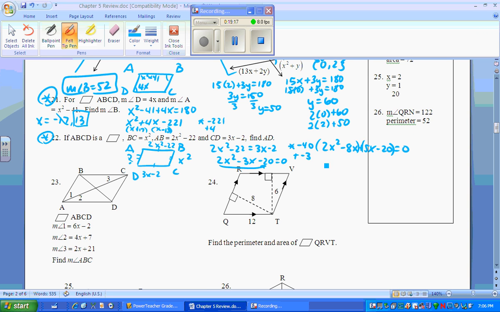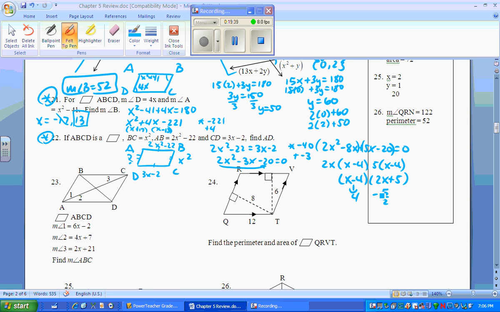So this first group, the second group, pull out a 2x from the first group, leaving you with x minus 4. Pull out a 5, leaving you with x minus 4. So it's x minus 4 and 2x plus 5. For your two answers, this answer is 4. This answer is negative 5 halves. Which one doesn't work?